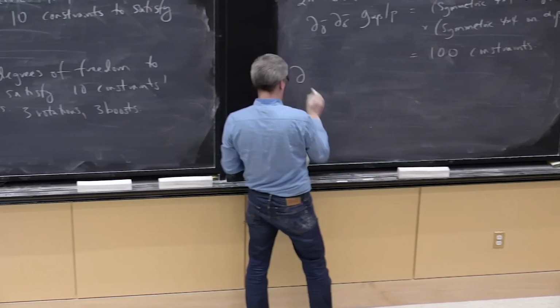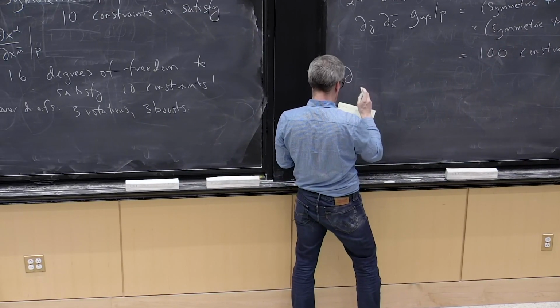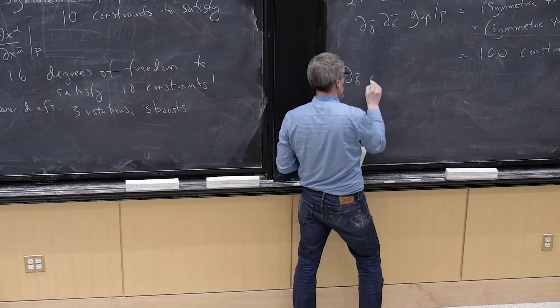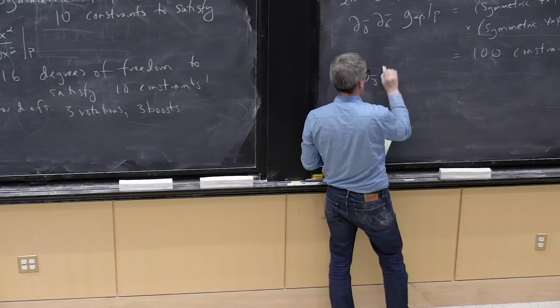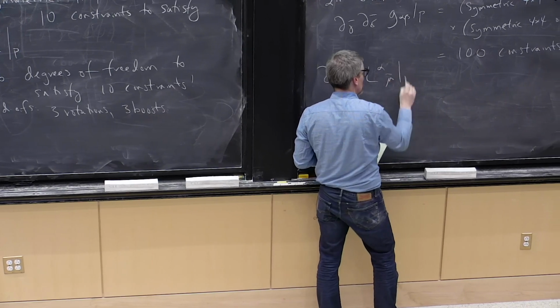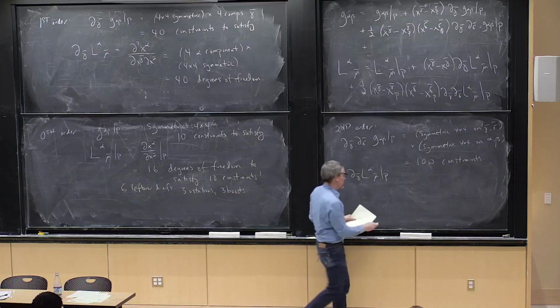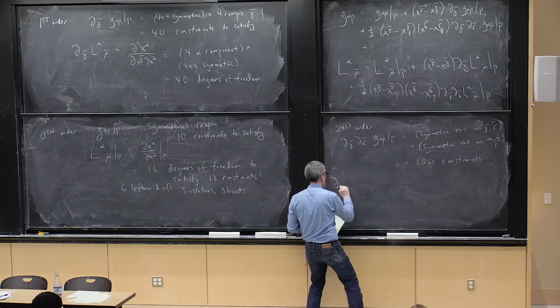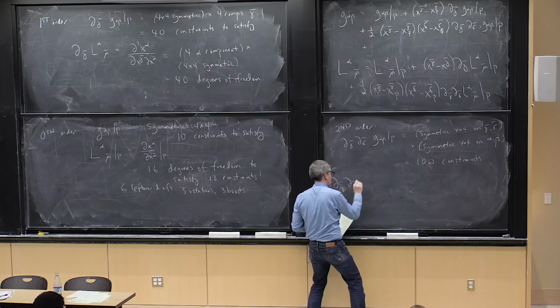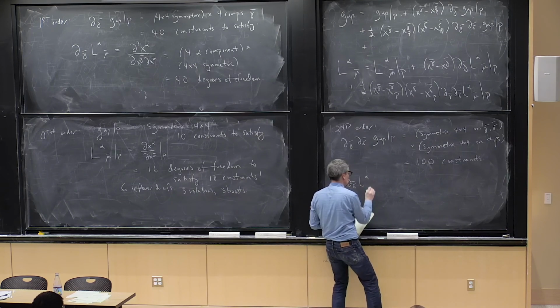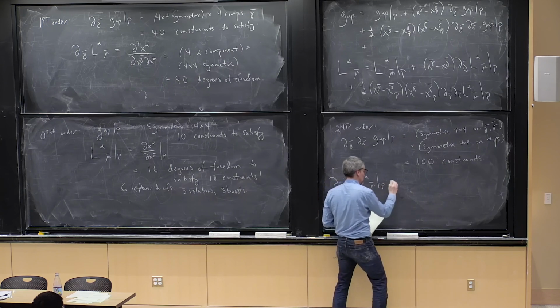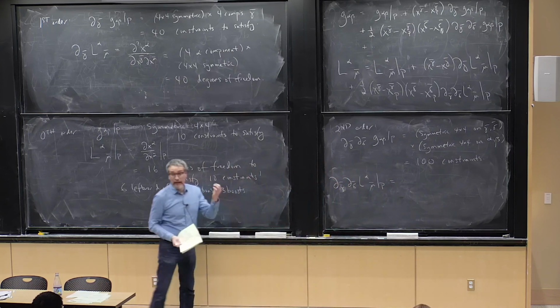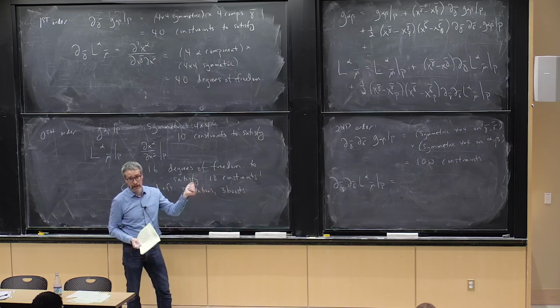So let's look at the second derivative of this. Let me move this down a little bit. This is now going to look like the third derivative when I do this transformation.